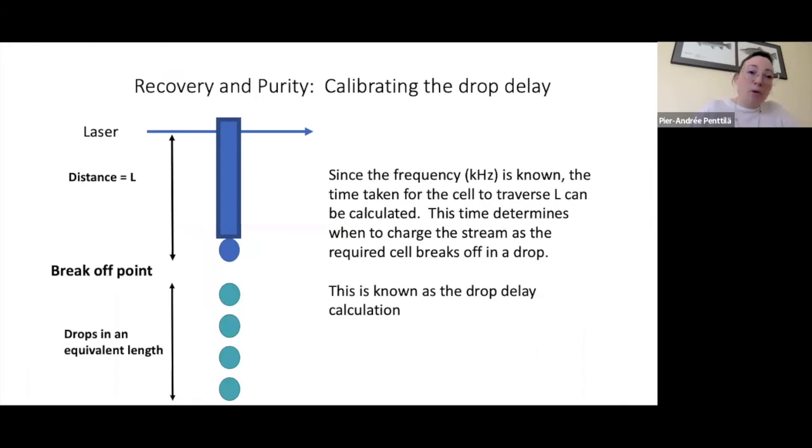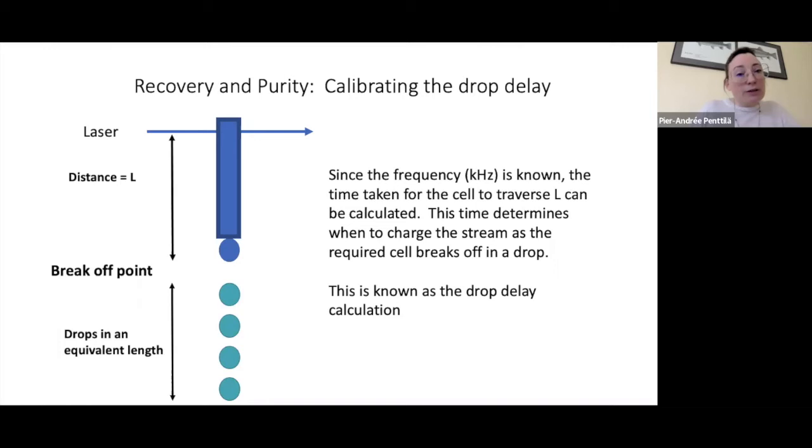A very important aspect in cell sorting is something that we refer to as the drop delay. This is extremely important for two reasons. First, for the proper recovery of cells downstream, and also in making sure that the purity of the fractionated population is of the highest possible value.